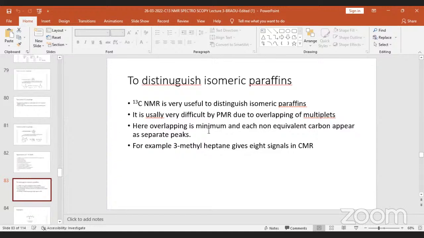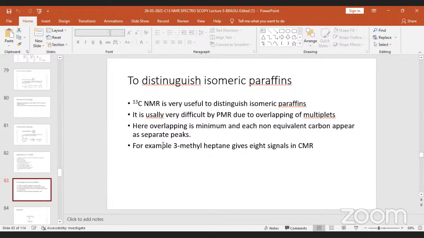So we get a complex pattern of multiplets. We will not be able to make out anything from proton NMR because of the overlapping of multiplets. In a small chemical shift range, say 0.2 ppm or 0.3 ppm, you will get all the signals, and that too as multiplets. So we can't make out anything from there.